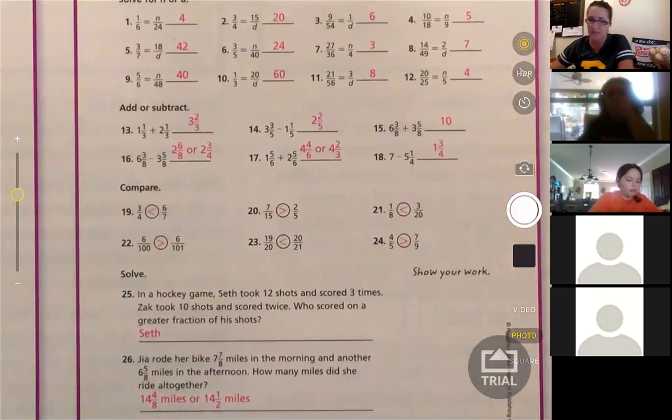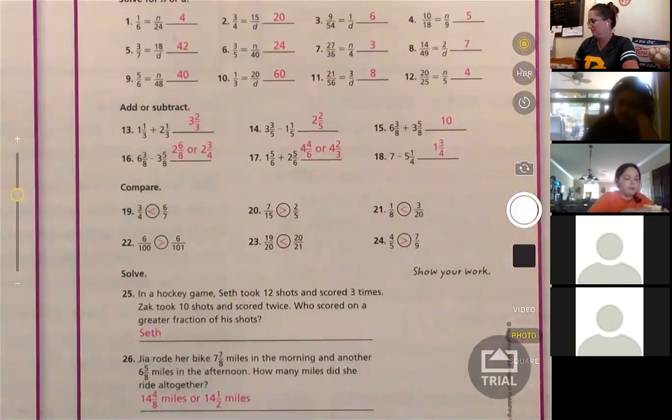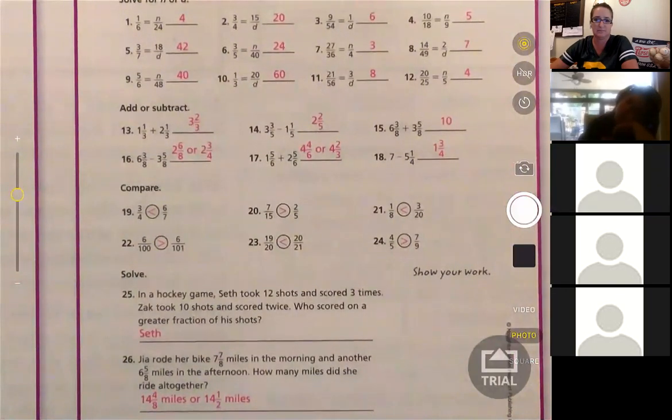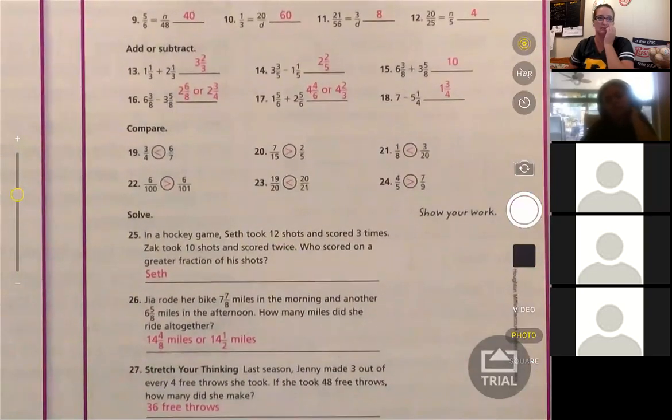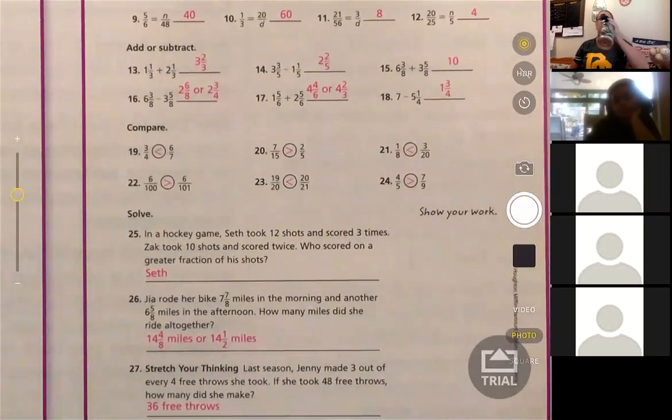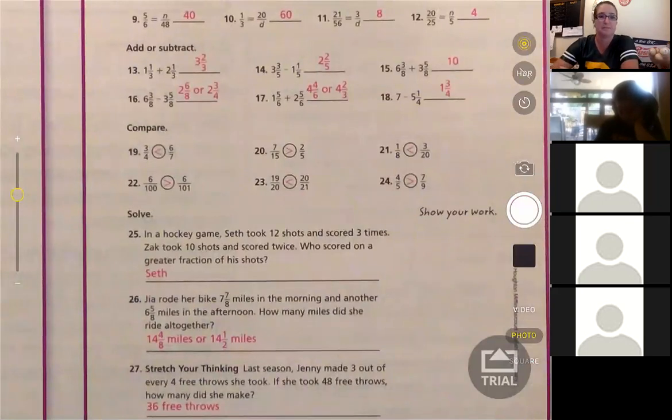I know you can't see 27 yet; I'll move it up in just a minute. Any questions on page 14?